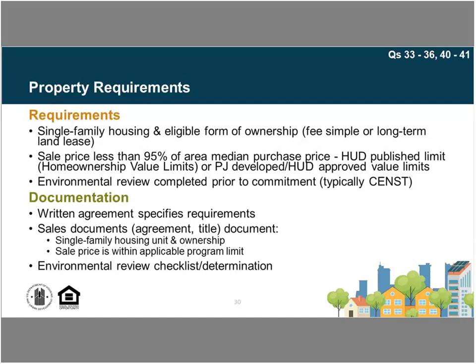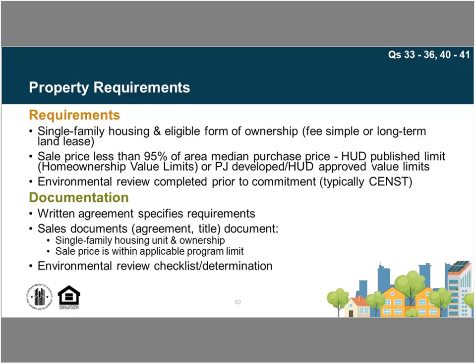In most cases, we're talking about fee simple title, but there are also long-term land lease provisions, such as working through a community land trust or Indian trust lands and things of that nature. So both of these things are defined. Single-family housing and homeownership are both defined in 92.2, and you need to be in compliance with those.